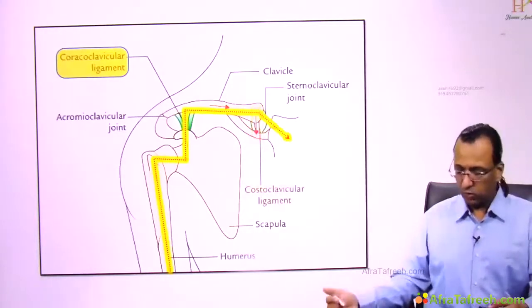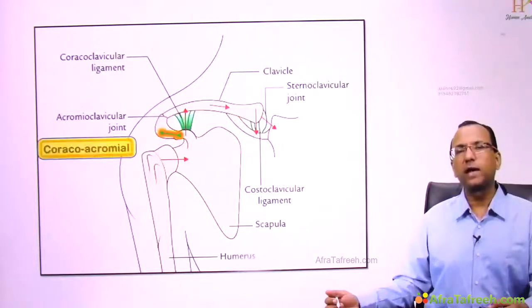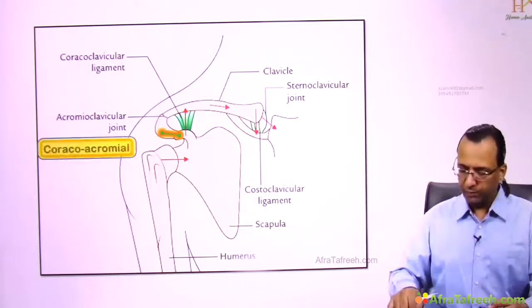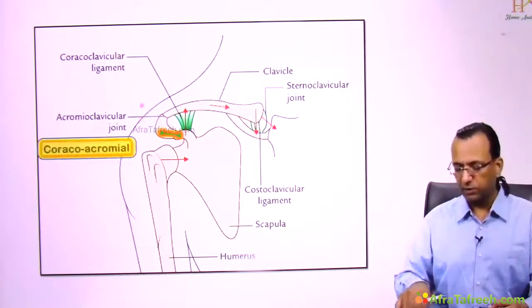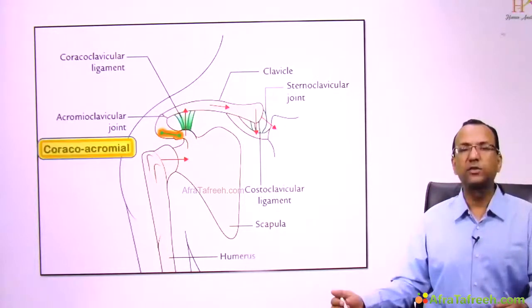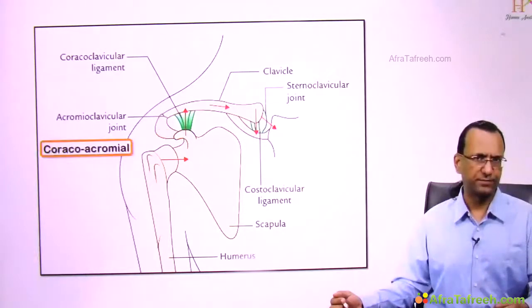And what about this ligament, which is coracoacromial? Coracoacromial ligament is attaching to the scapular bone at 2 points. One of the processes is called the coracoid process. The other is called the acromion process. So it is coracoacromial ligament attaching to the scapular bone at 2 points. Yeah, but is it helping for weight transmission or not?